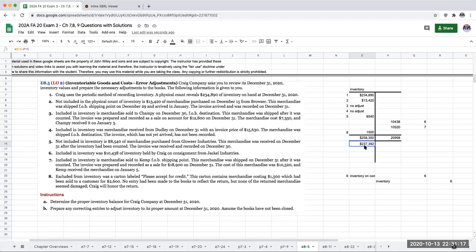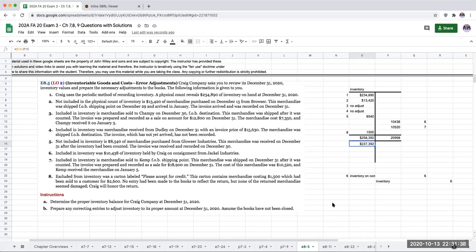As far as number 3, for 1 and 2 we don't need to do any adjusting entries. It says included in the inventory is merchandise sold to Champy FOB destination. This merchandise was shipped after it was counted. The invoice was prepared and recorded as a sale on account for $12,800 on December 31st.